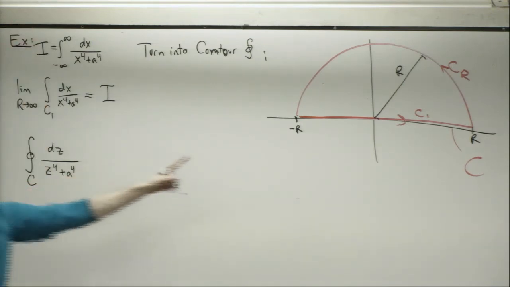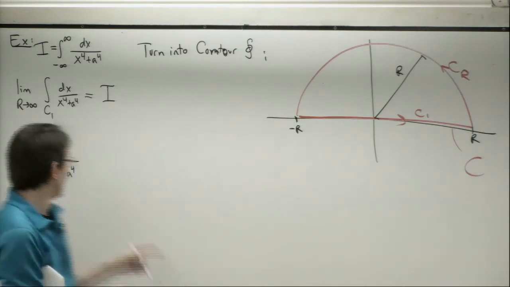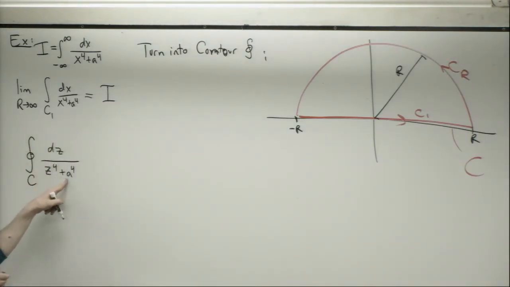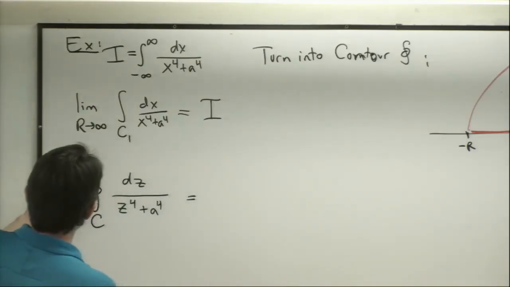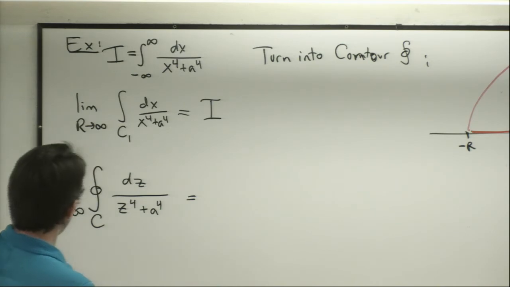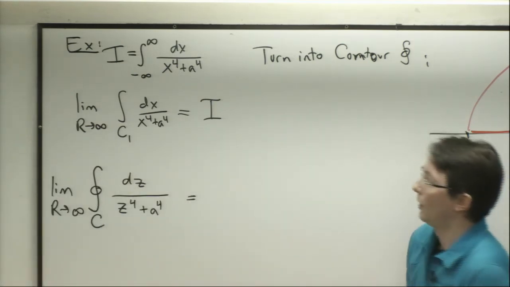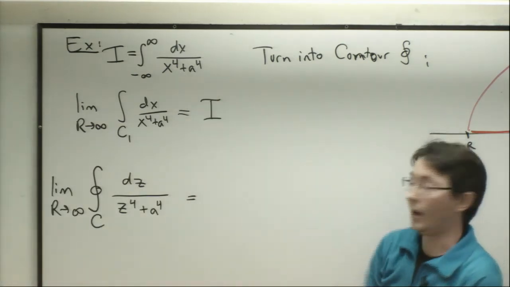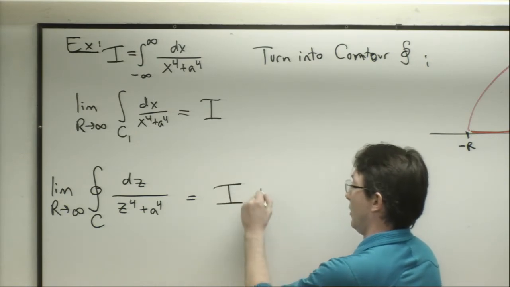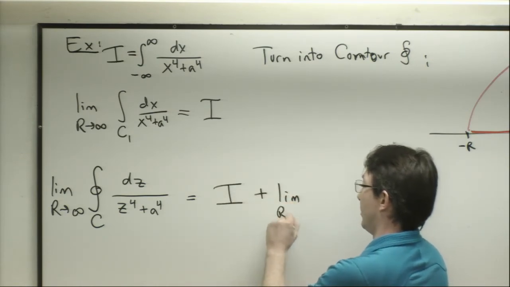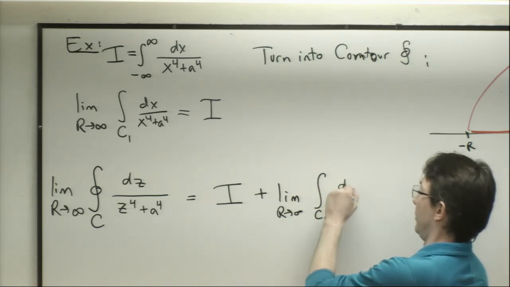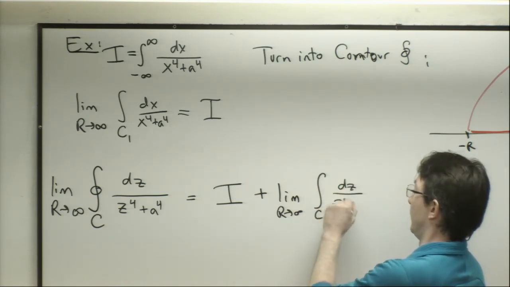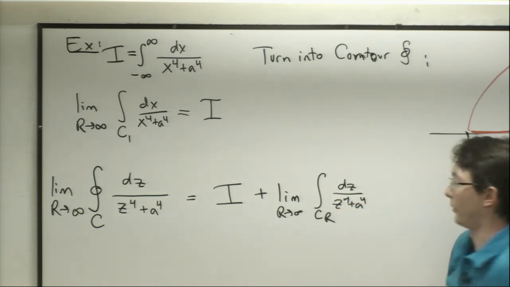And if I integrate this on the real axis, these are all real again. Okay? This equals, as I take the limit as r goes to infinity, the thing I want, I, plus the limit as r goes to infinity of this radial contour integral of dz over z to the fourth plus a to the fourth.